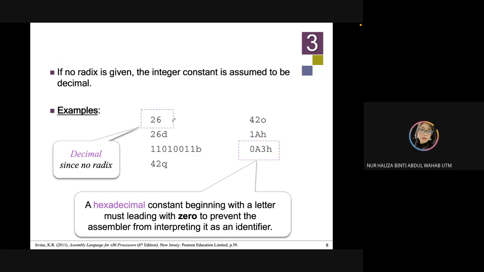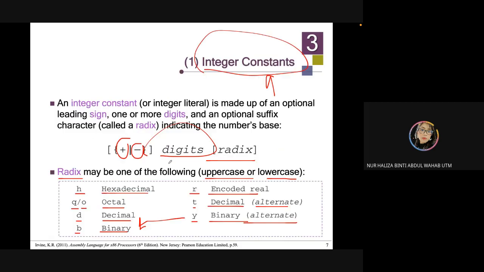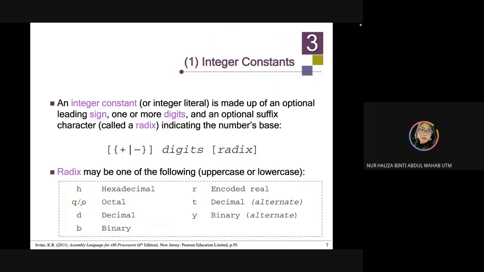You can see this one is 26 decimal. You can represent it this way or here, where the value is similar to each other. And this one, of course, is binary. This is your Q. Q is octal. Refer back: octal can be Q or also the letter O, not a zero.